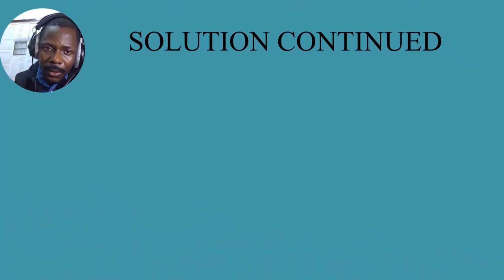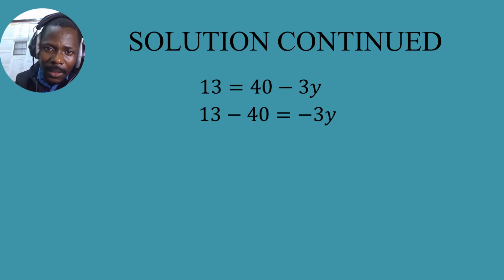Solution continued. 13 is equal to 40 minus 3y. Okay, that means 13 minus 40. That one was supposed to be 40. So 13 less 40 is going to give us negative 3y.